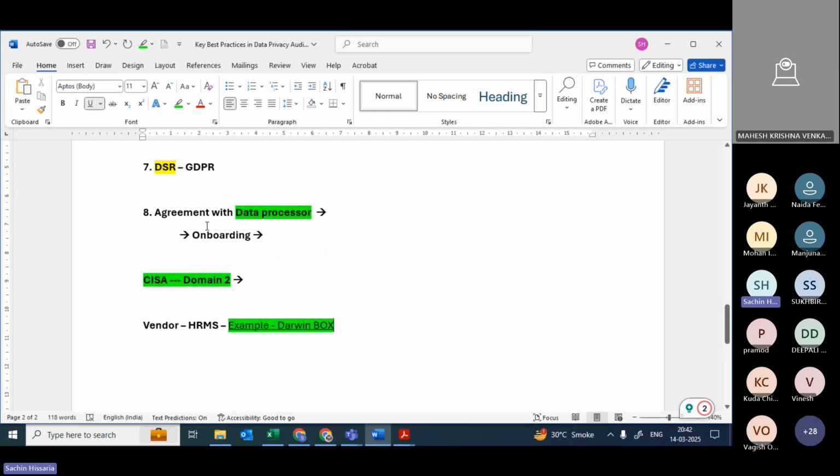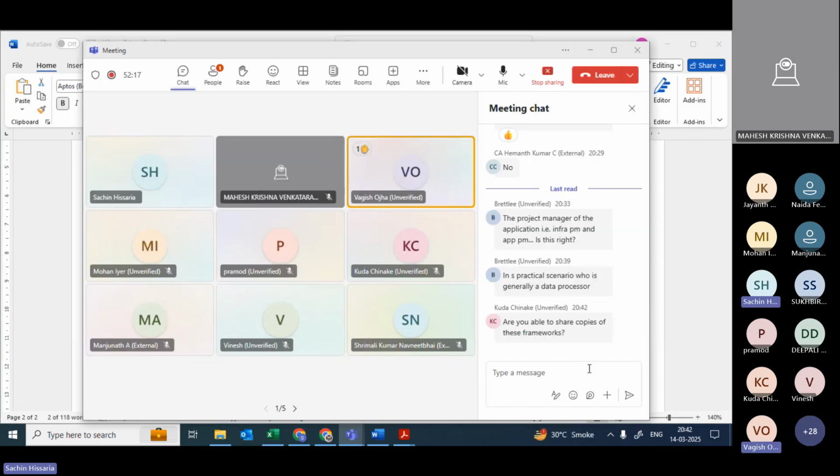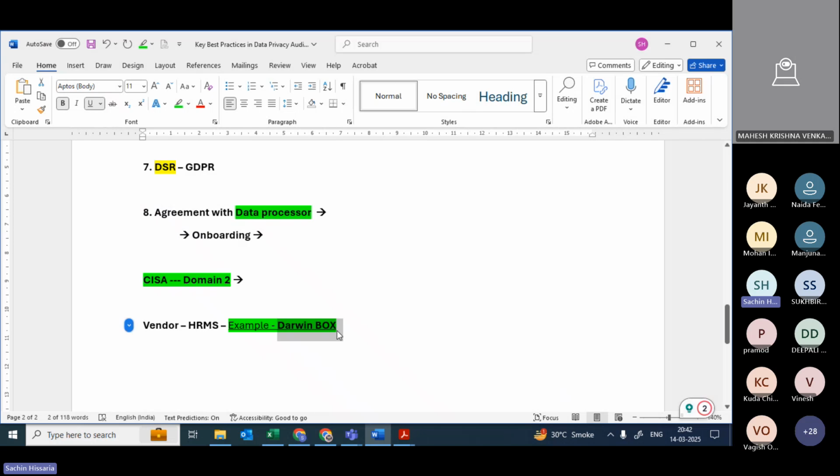In this case, this is a data processor for you. You might have heard about Darwinbox, a very famous vendor providing HRMS solutions. Now, you are the company, the data controller or fiduciary. They are the data processor.